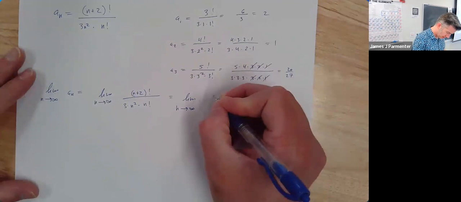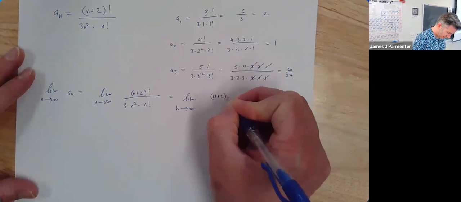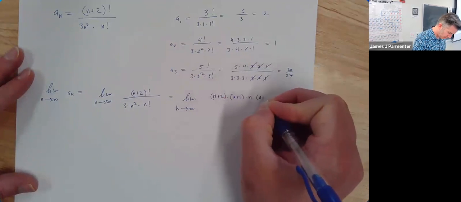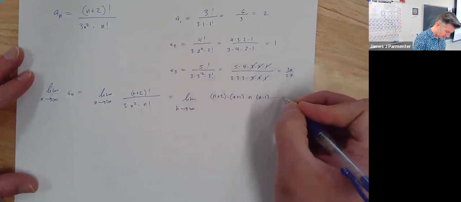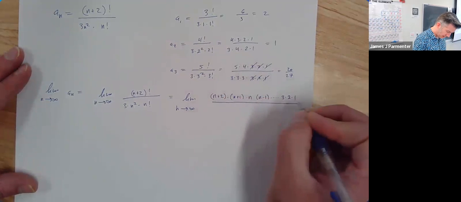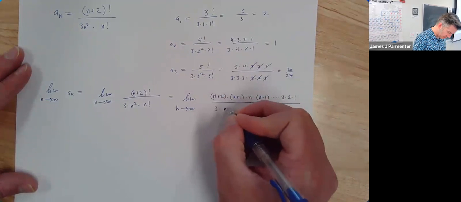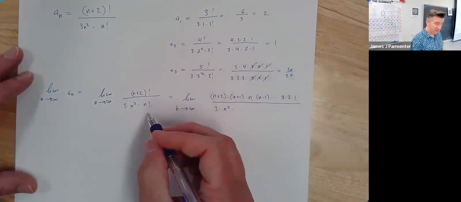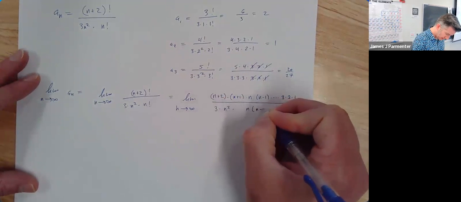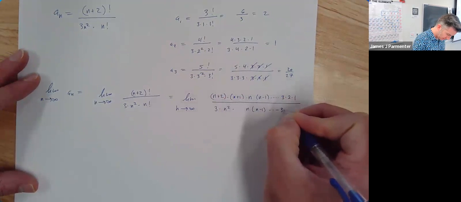So that's really going to be n plus 2 times n plus 1 times n times n minus 1, all the way down to 3 times 2 times 1. The bottom, we have 3 times n squared times n factorial, which is the same sort of deal. It's going to be n times n minus 1, all the way down to 3 times 2 times 1.